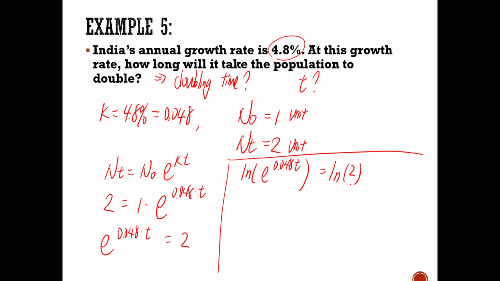Then we offset ln and e, and we end up with 0.048t equals ln of 2. Dividing both sides of the equation by 0.048, that cancels, and t is by itself: ln of 2 over 0.048.